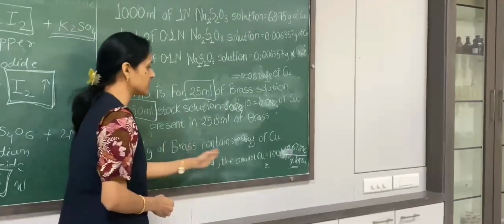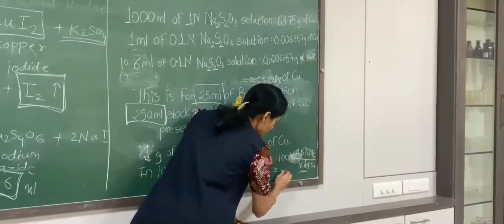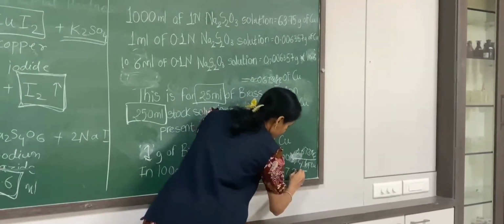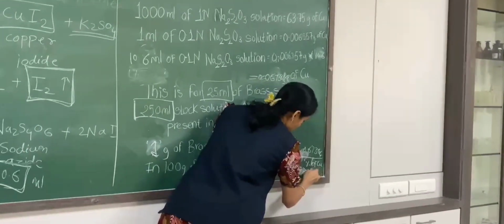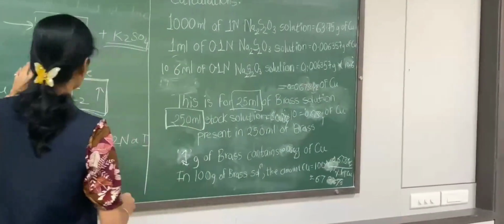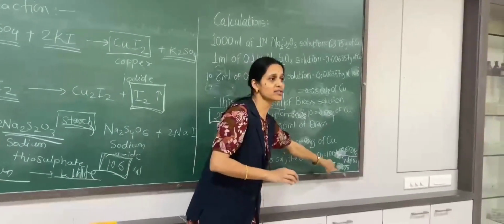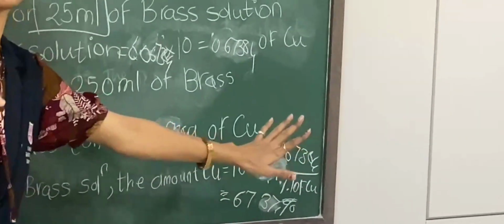This value is 67.384 percent, so the brass contains approximately 67% of copper. Thank you.